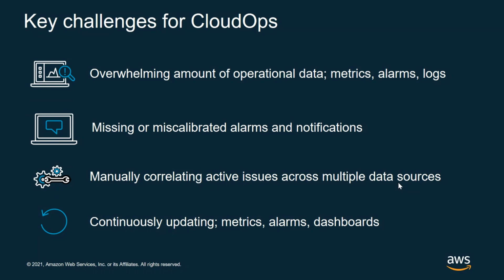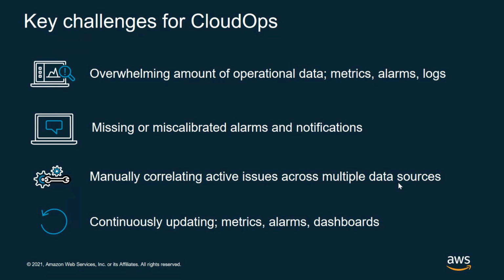And some of the key challenges that we see in operating in the cloud are common across markets, across companies, across types of software that they're hosting on AWS. First and foremost, what we hear from operators is there's just an overwhelming amount of data, be it metrics, alarms, logs, and the need to calibrate alarms and notifications so that I catch changes or our application availability issues is a real stressor.